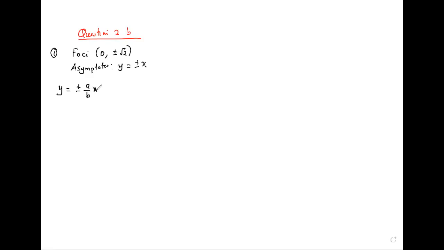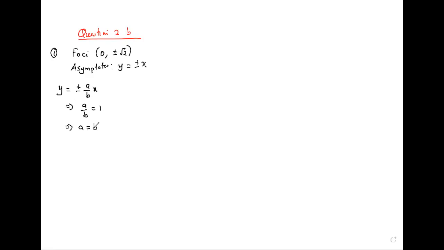So this means that a over b is equal to 1, simply telling us that a is equal to b. That's the first thing that we have there.